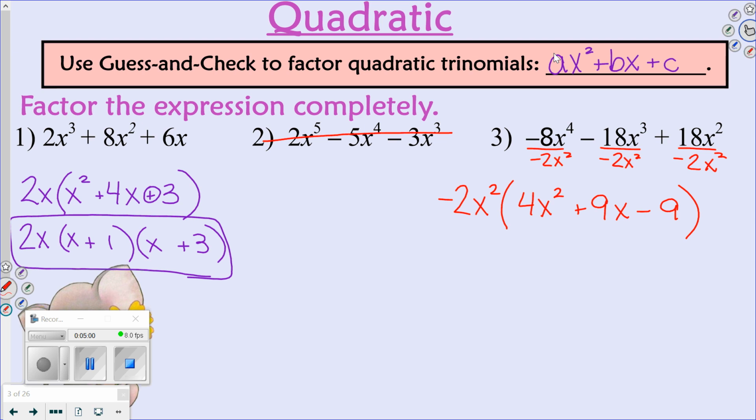Yeah, you got to watch your signs when you pull out that negative. They're going to change. All right, so let's factor further. Good, it is going to be a plus minus. My last one's negative. All right, options for A, we can go 1 and 4 or 2 and 2. 2 and 2, okay. 1 and 9 or 3 and 3.